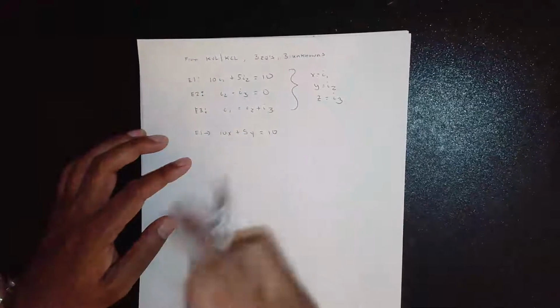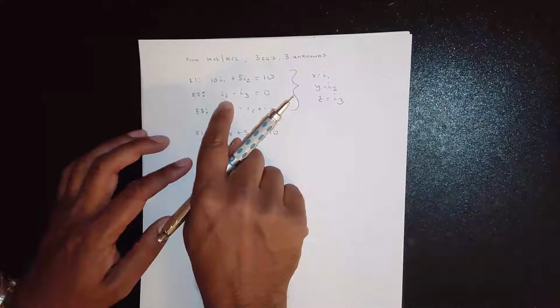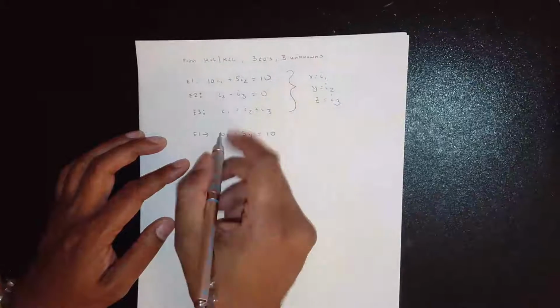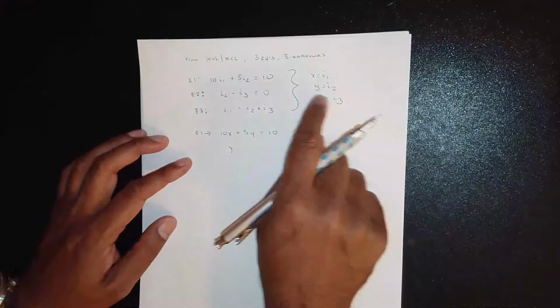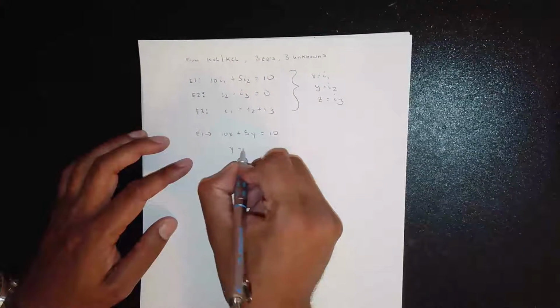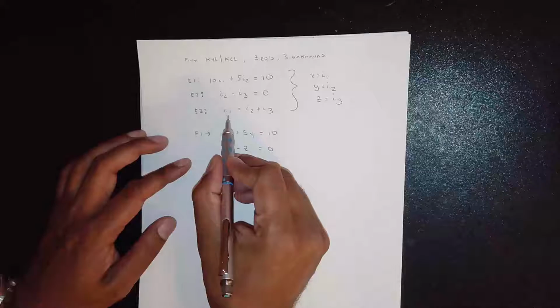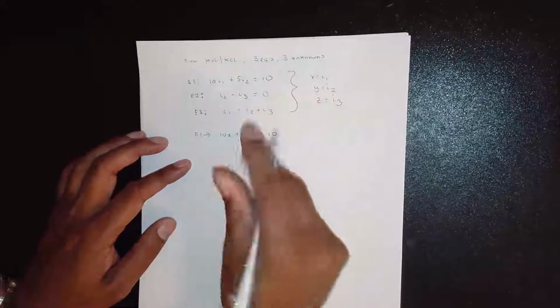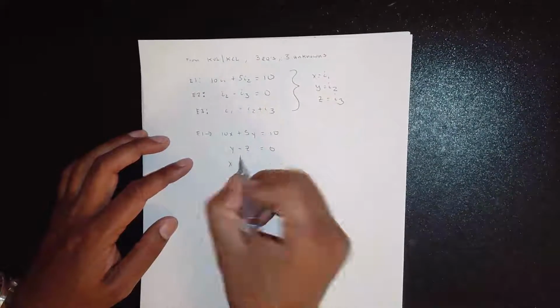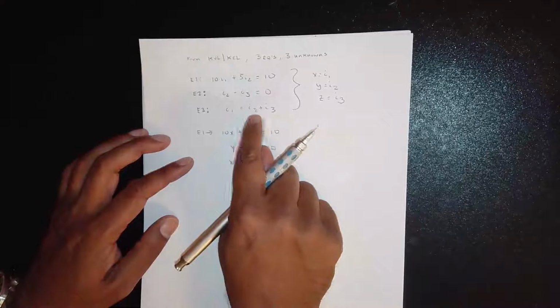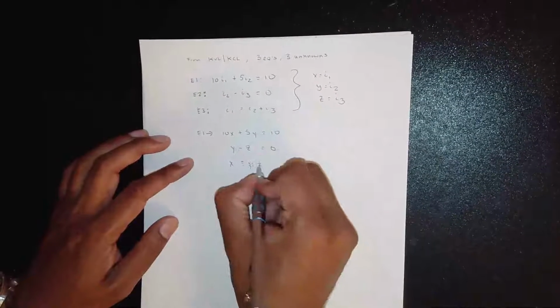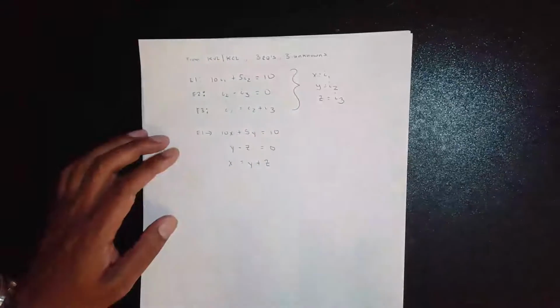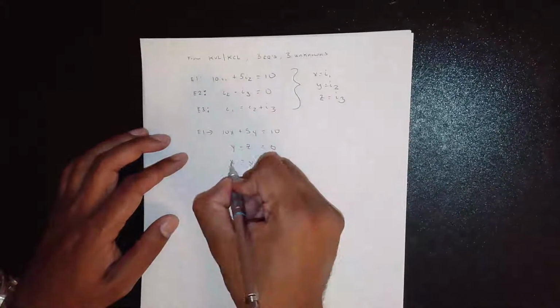Now this becomes a little friendlier. Equation 2 becomes y minus z is equal to 0, since I2 is y and I3 is z. Then I1, which is x, is equal to I2 plus I3, which is y plus z. Now this becomes more friendly. It's more like the algebra that you used to do, right?